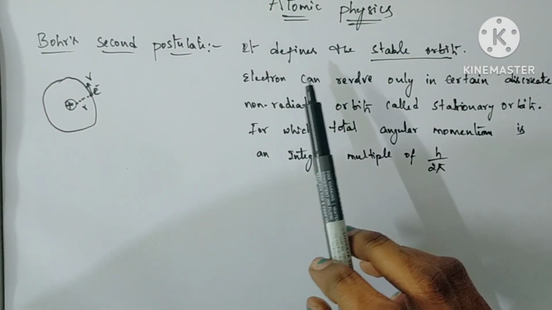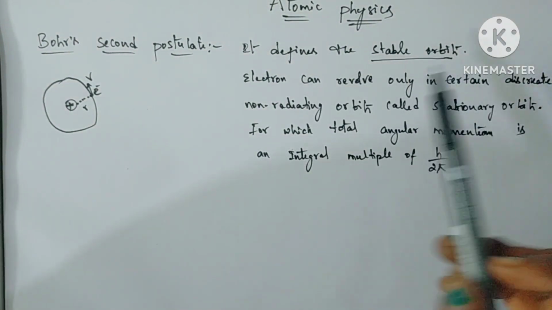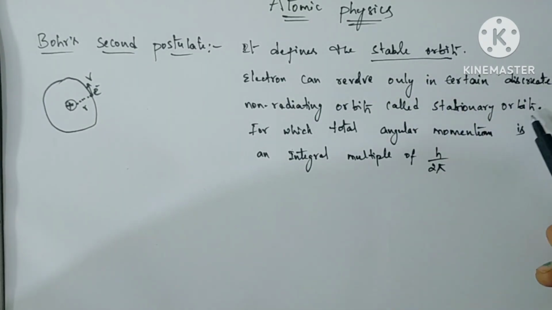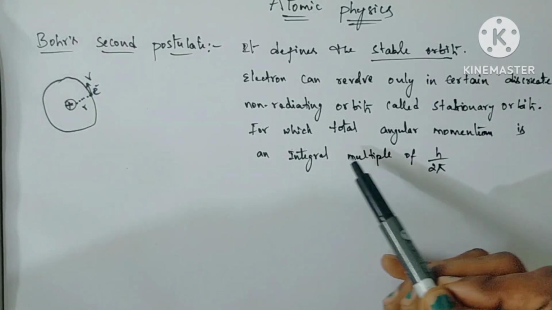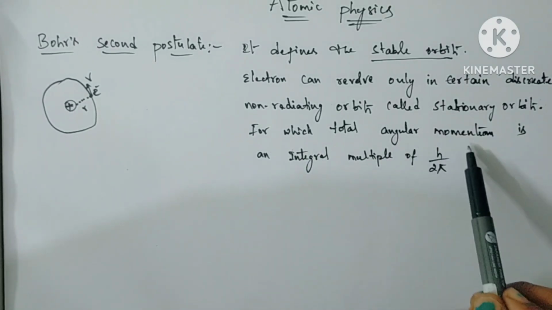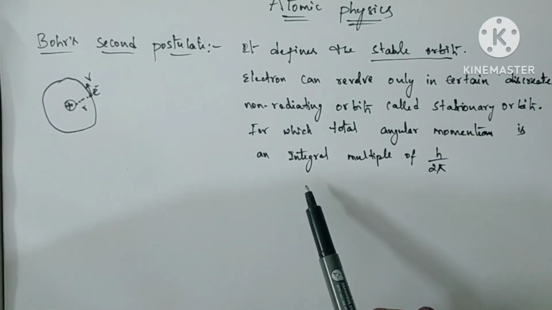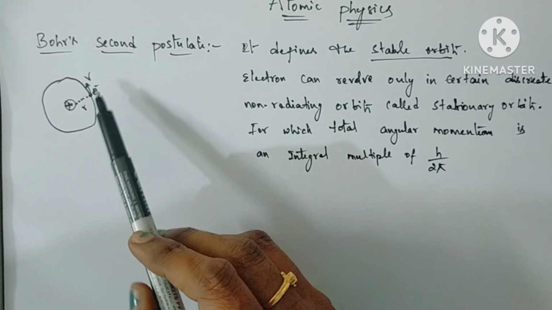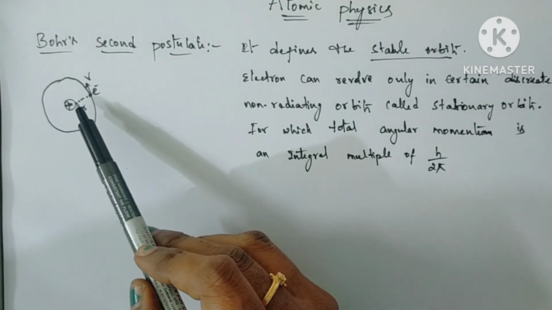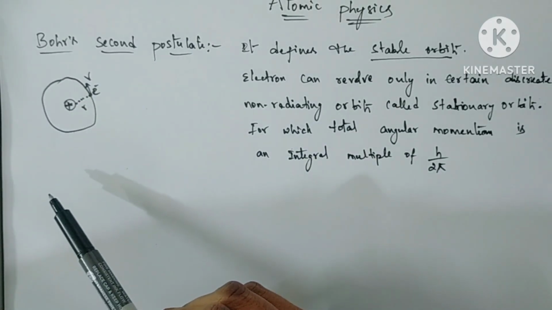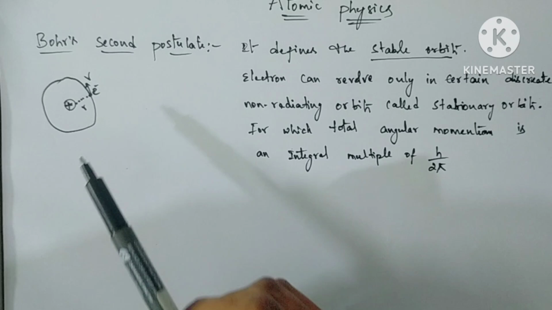So Bohr's second postulate defines stable orbits. The definition is: electron can revolve only in certain discrete non-radiating orbits, that is called stationary orbits, for which total angular momentum is an integral multiple of h by 2 pi. That means here the electron is rotating around the nucleus in circular motion. For every circular orbit, we have a circumference.